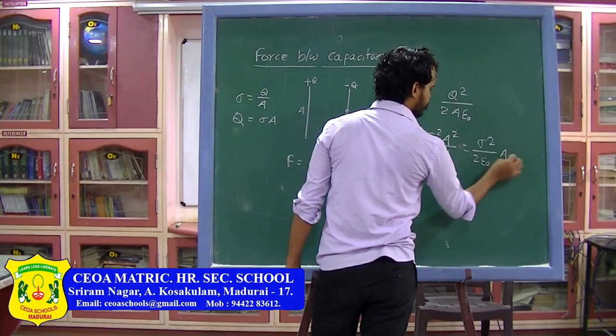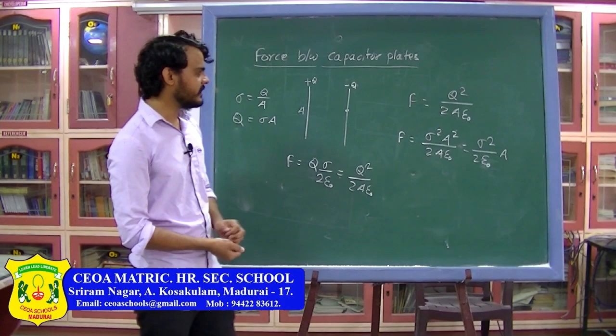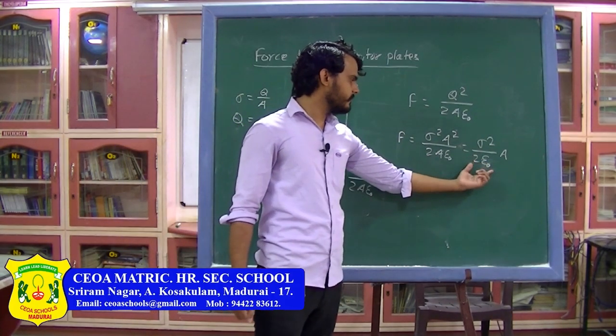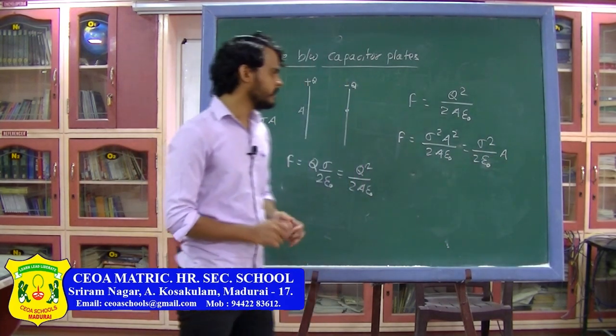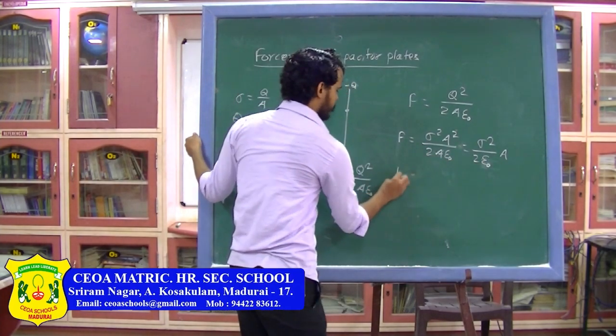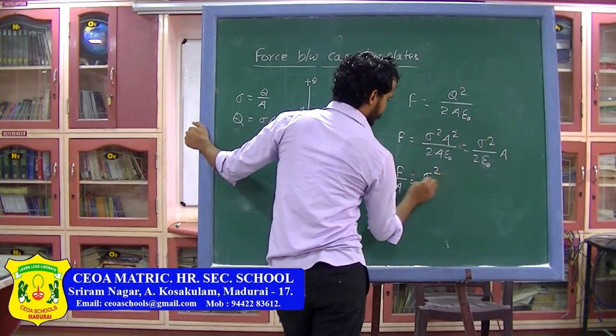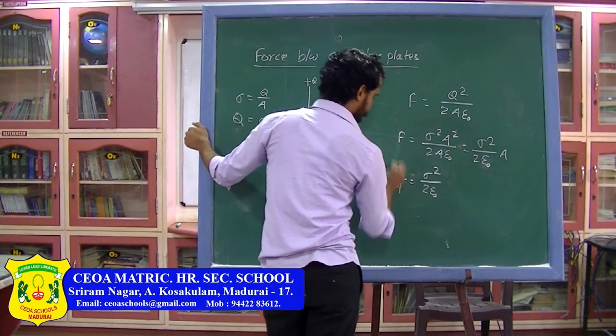So another formula for the force is sigma square divided by 2 epsilon naught times A. Now if I divide both sides by A, I get force divided by area equals sigma square divided by 2 epsilon naught.